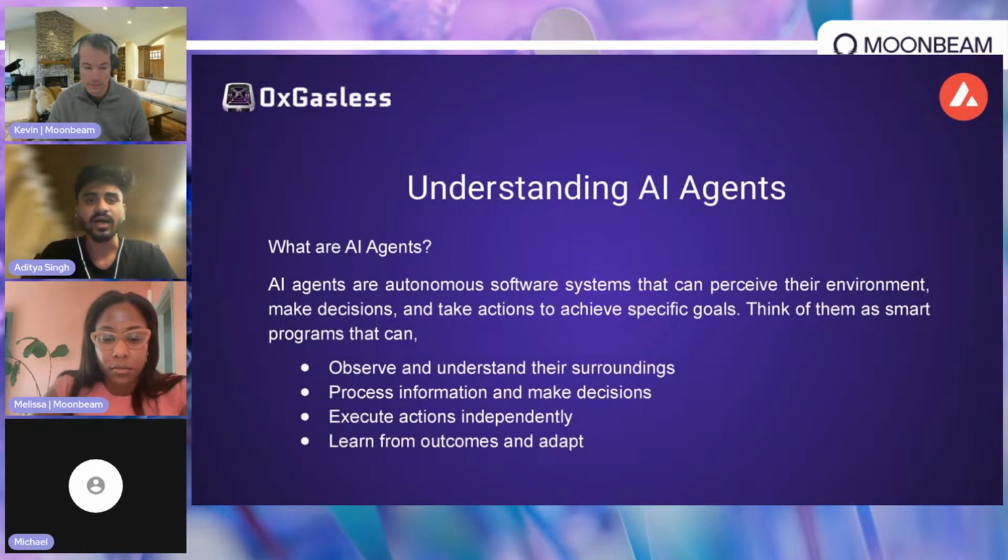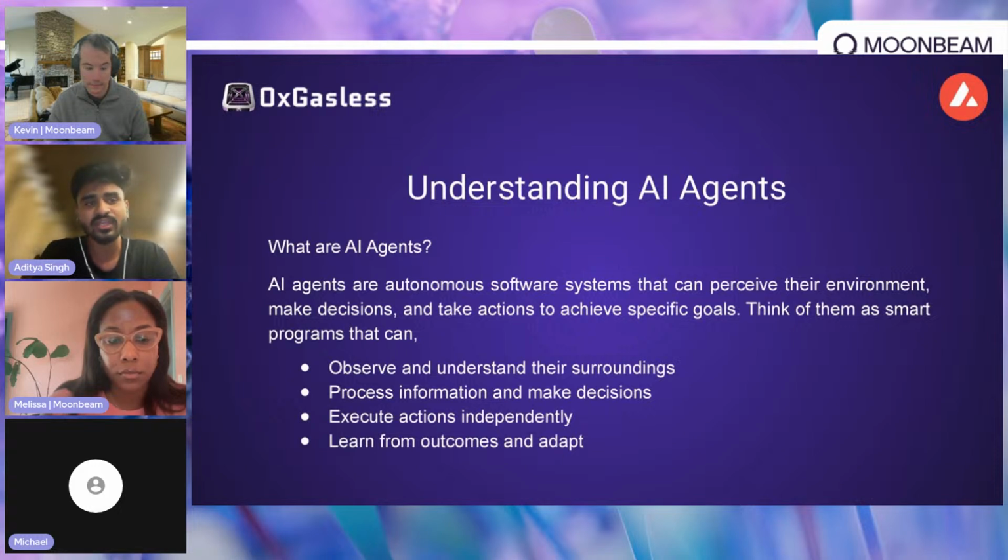I hope everyone understands what AI agents are. AI agents are autonomous software systems that can perceive their environment, make decisions, and take actions to achieve specific goals. There are traditional AI agents which do certain things, but they have a certain boundary where they have to decide how they can execute transactions.